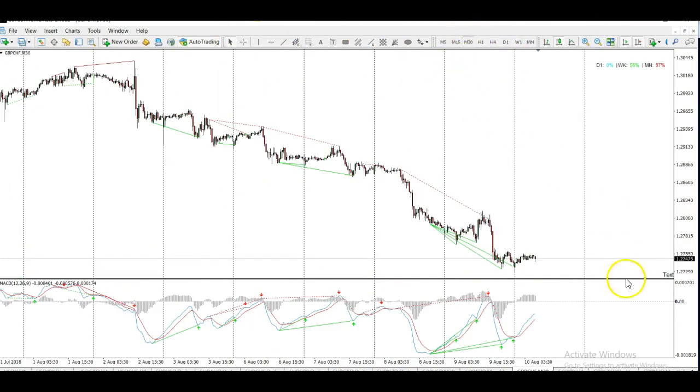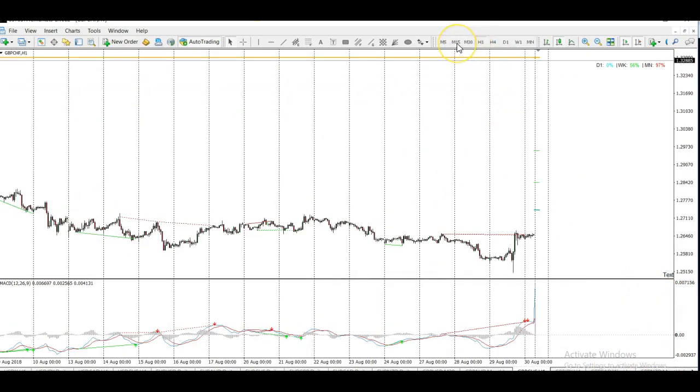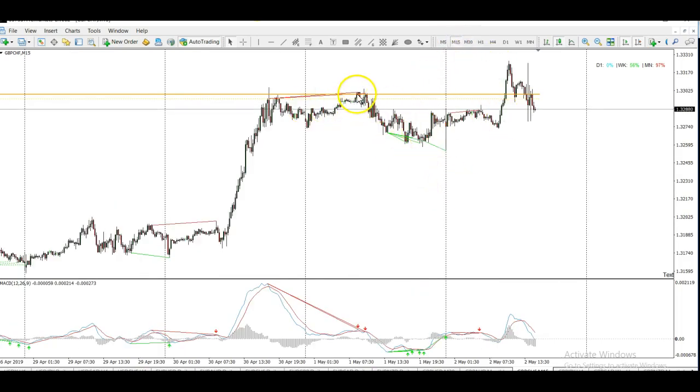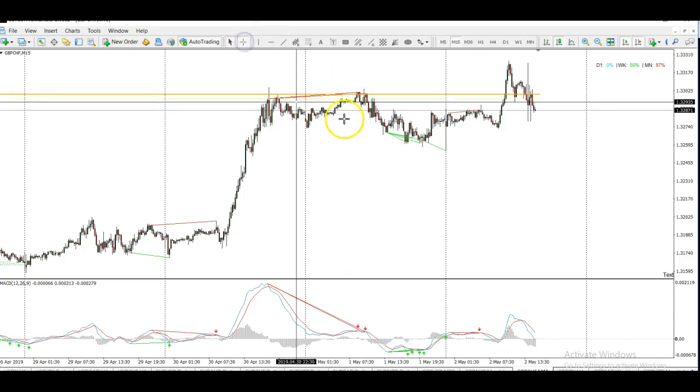And okay, you can see the signal just happened here yesterday off it inside that.